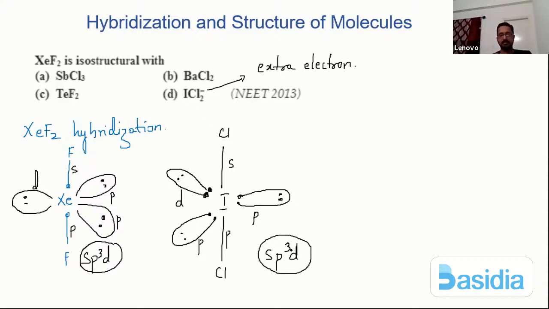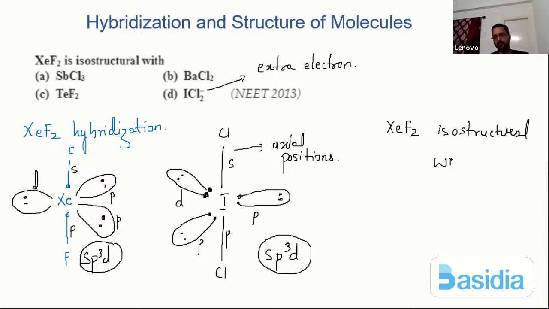So clearly understand that the chloride atoms over here have occupied which position? They have occupied the axial positions. So it is clear that when you consider the XeF2 molecule, XeF2 is isostructural with which molecule?